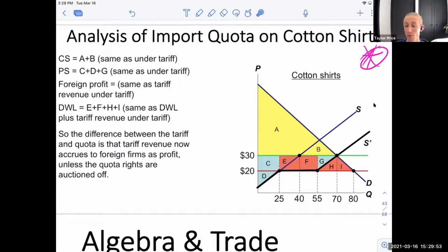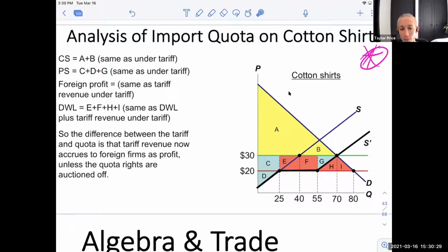Since the government isn't taxing the good, the foreign firms are just going to benefit from the difference between the $20 domestic price and wherever the new supply curve intersects with the demand curve. So you can basically say this intersection point, whatever price this is, is going to be the new world price in this example.